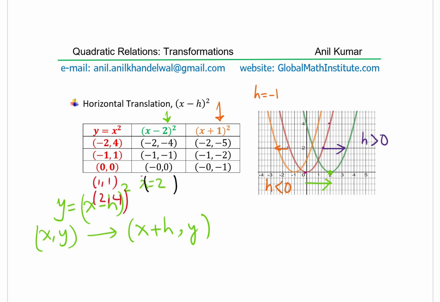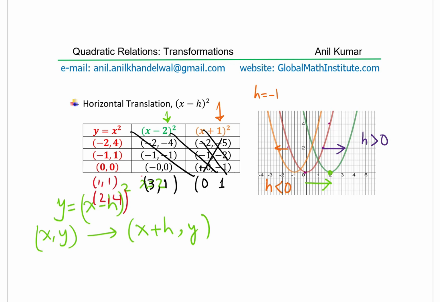So the x value becomes 3 and the y value remains the same. In this case, when it is x plus 1, it is minus 1. So 1 minus 1 is 0, and the y value remains as 1, right? So these values are not really correct. I would like you to look into these values and change them.